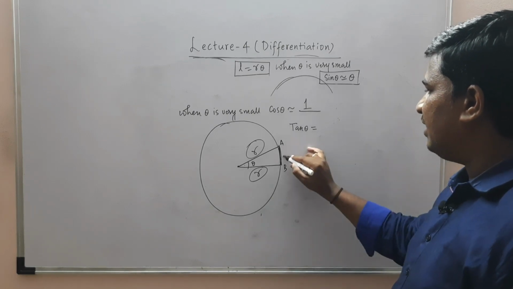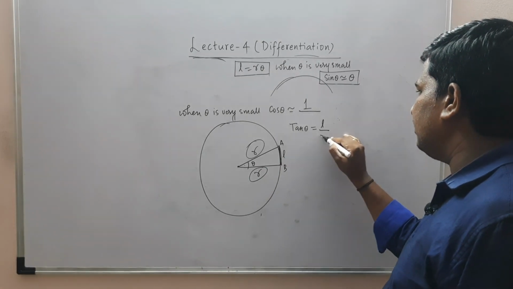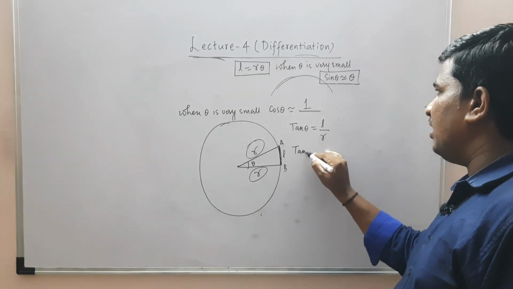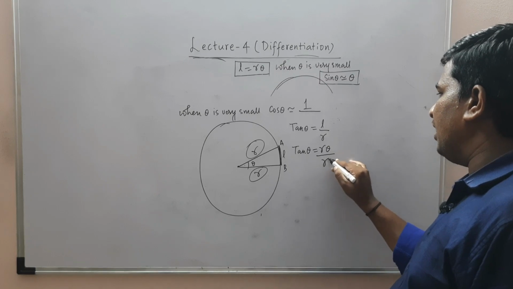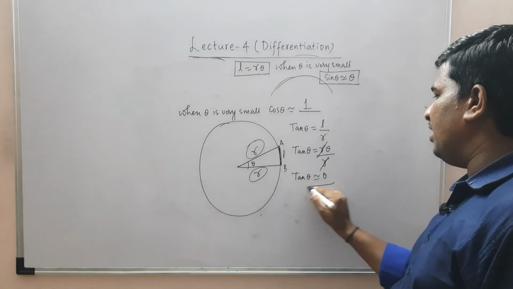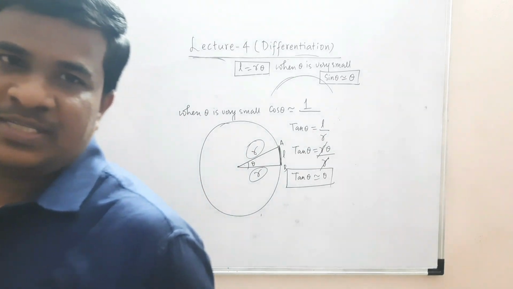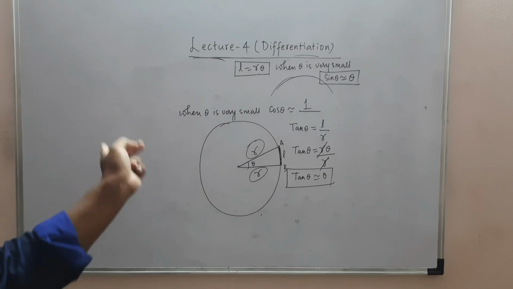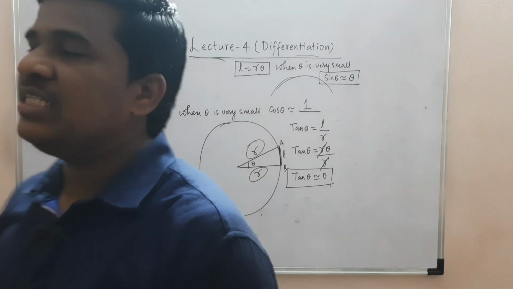Tan theta is the opposite side by the adjacent side, so L by R. You have L equal to R theta, so R theta by R. R is cancelled, so tan theta is approximated to theta. I hope you are clear with this. When theta is very small, sin theta is approximated to theta, cos theta is approximated to 1, and tan theta is approximated to theta.